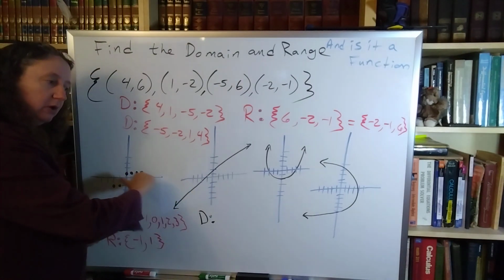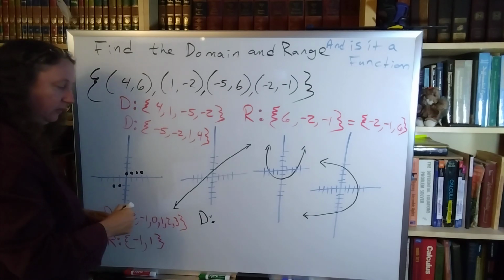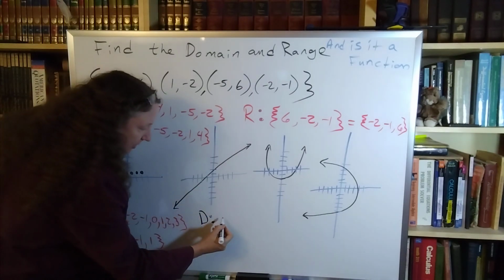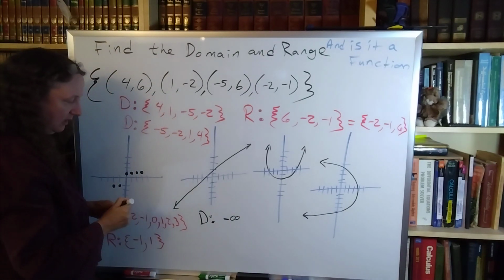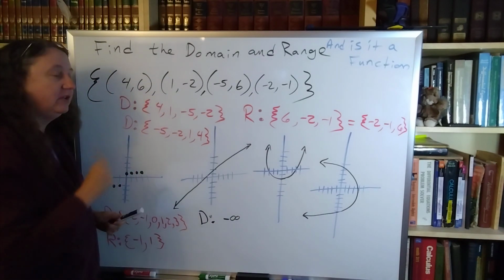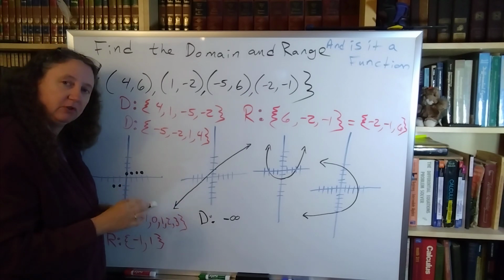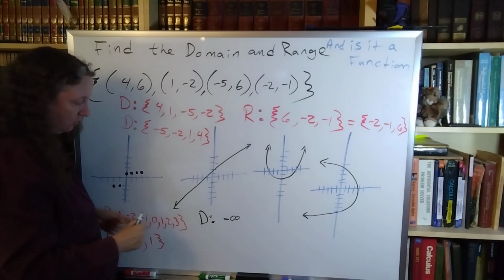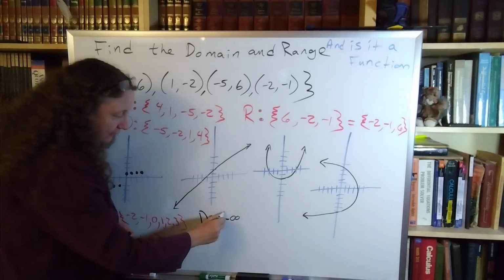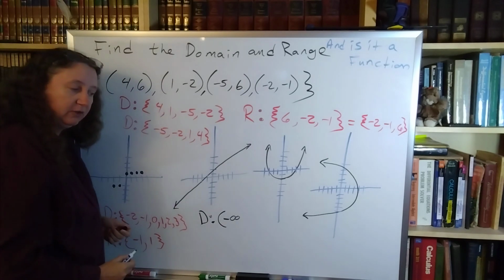So that means it continues on and on and on, goes to negative infinity. So I'm going to write that down. We're going to write this with interval notation, so we need to use parentheses and brackets, or braces as we used braces over here. So infinity always gets the parentheses.